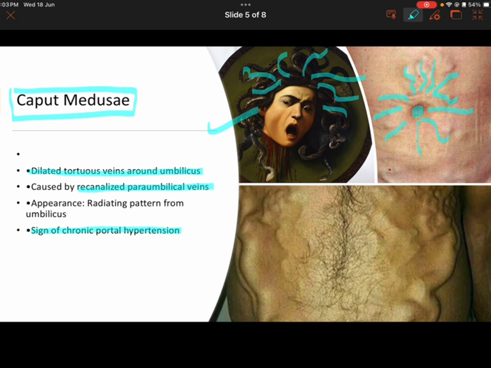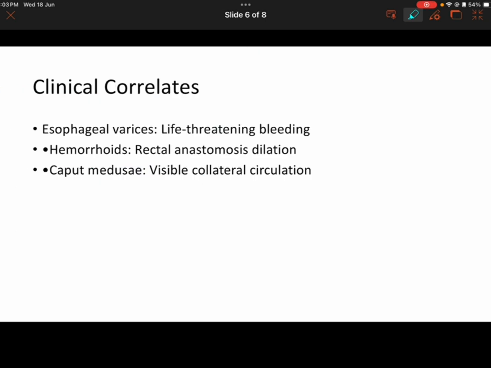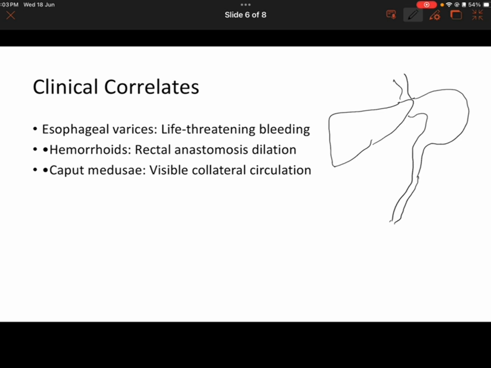So what happens in portal hypertension? Let's understand with a diagram. So this is our liver. Here we have stomach. This is the small intestine.